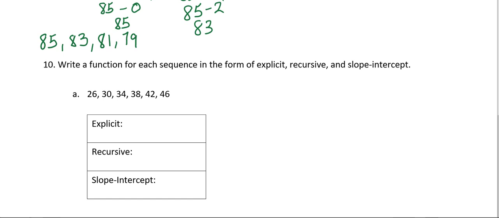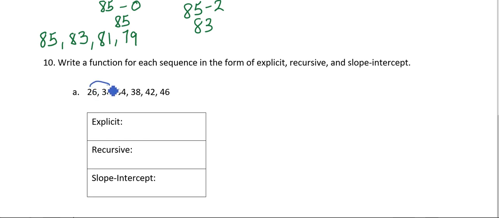First we need to find our common difference. I can see my common difference here is adding 4 every time. So my recursive rule is A N, or we can say T N. Any term can be found by taking my previous term and adding 4.